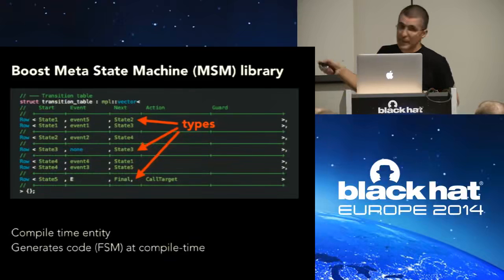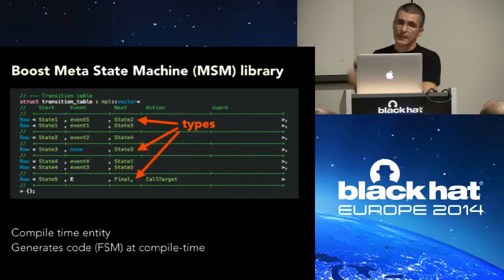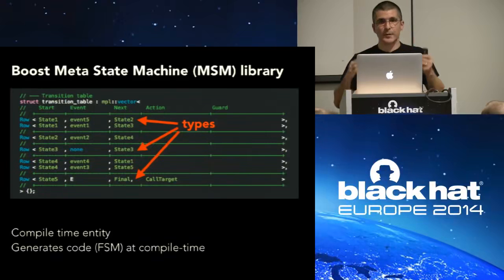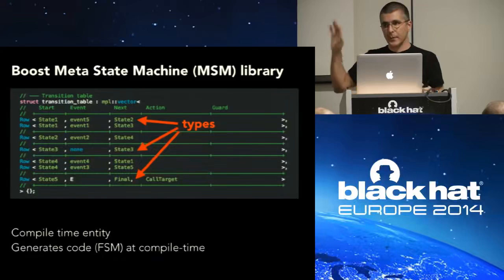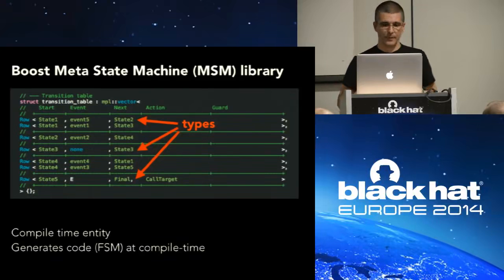Here it's not values, it's types. All this is only construction for the compiler, evaluated only during the compilation. There is no representation of that except the generated code. It's not like an array or something like that.